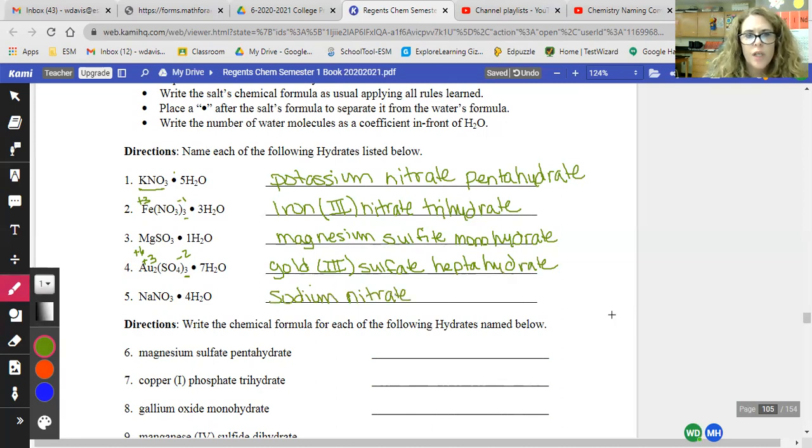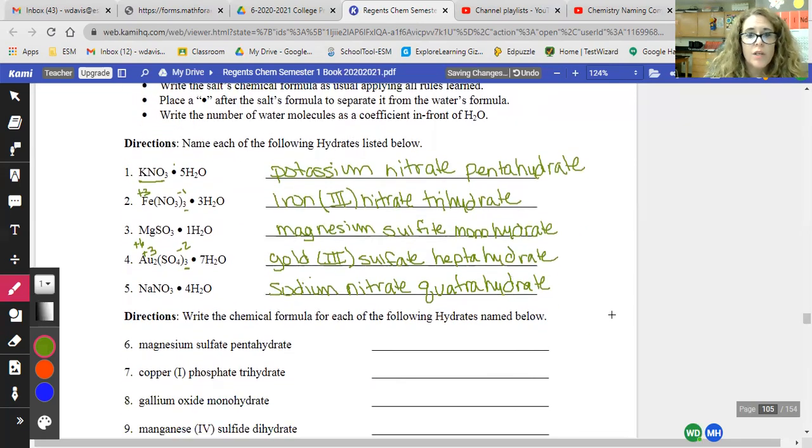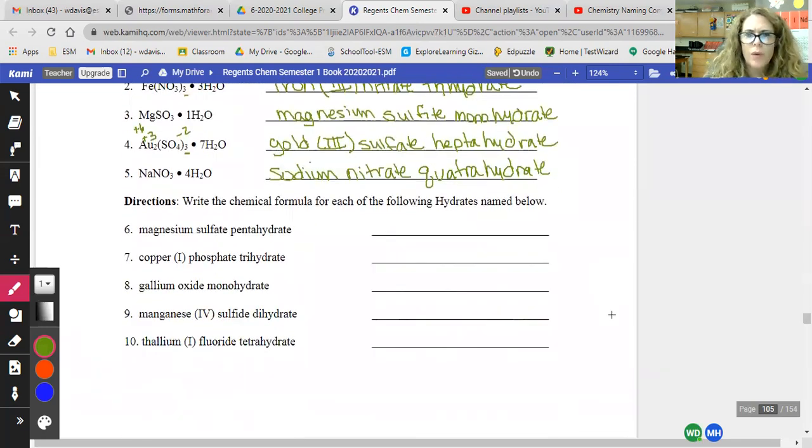And then 4, I believe, is quadrahydrate. We have mono, di, tri, and then I think that's quadrahydrate. I could be wrong, or is it tetra? I'm going to have to make sure. I want to double check, because sometimes I second guess myself. So I just want to make sure that I double check on our hydrates.